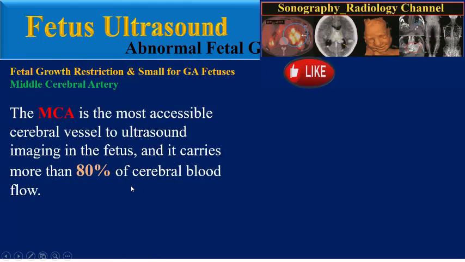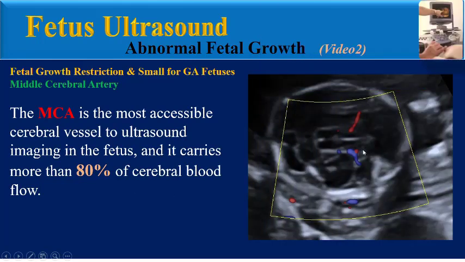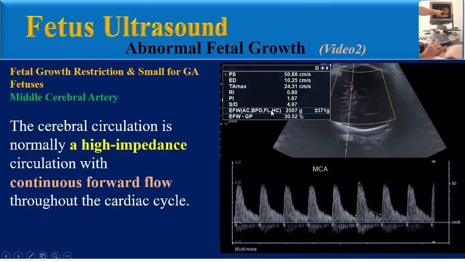The MCA is the most accessible cerebral vessel to ultrasound imaging in the fetus, and it carries more than 80% of cerebral blood flow. The cerebral circulation is normally a high impedance circulation with continuous forward flow throughout the cardiac cycle.